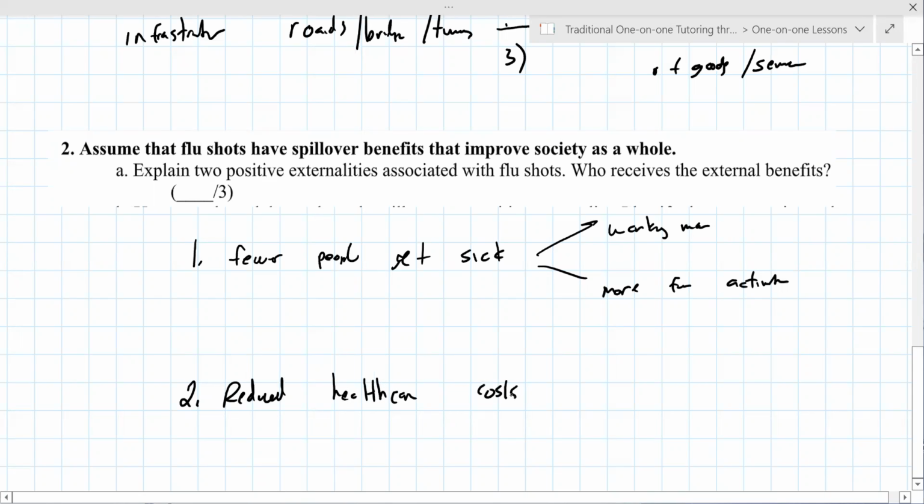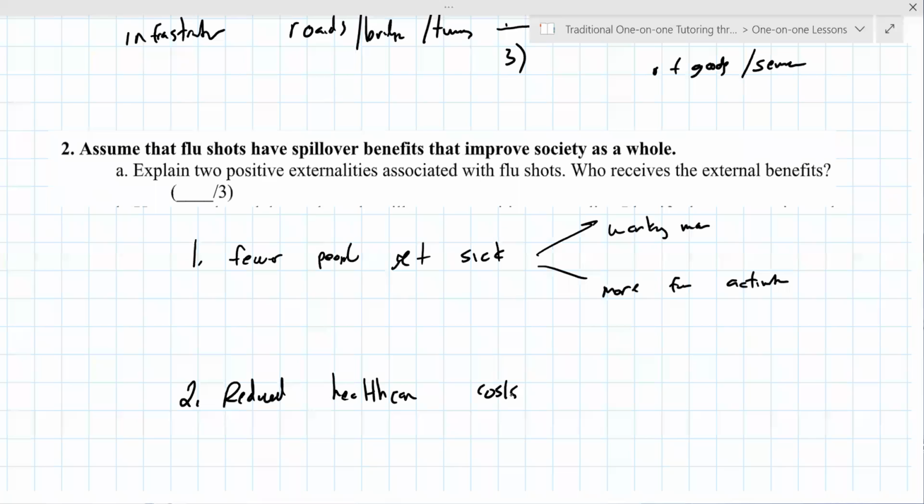Some of these are not obvious initially, but if you don't get sick, if your family doesn't get sick, if you don't have to go in for more serious stuff, that saves you money versus the relatively inexpensive cost of the shot. And then for who receives, it would be a third party, right? It's always a third party.